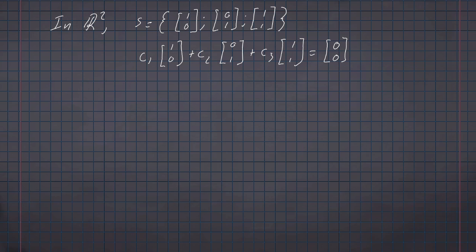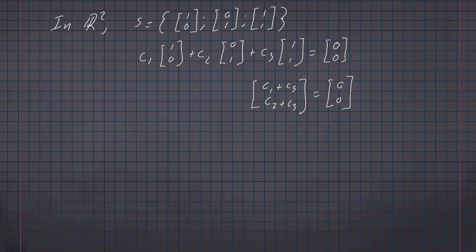Once again, using the properties of the Euclidean vectors, I can combine a bunch of stuff here. And I get that this left-hand side simplifies into (C1 plus C3, C2 plus C3). And once again, 2 vectors are equal if and only if their components are equal.